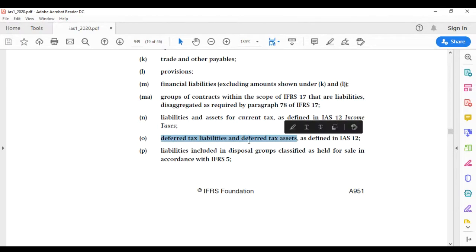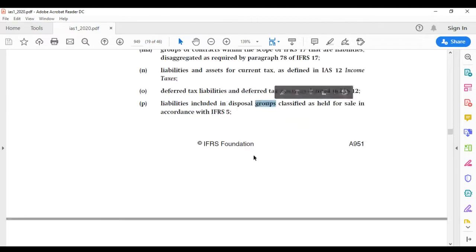You are going to be taught about deferred tax liabilities and deferred tax assets next year in Financial Accounting 3. So deferred tax is a whole topic in Financial Accounting 3. But at this stage, just be aware of it. You don't need to be too concerned about it yet. And then P, you can leave out for the time being. That again deals with group structures.